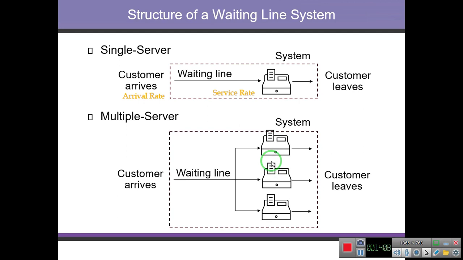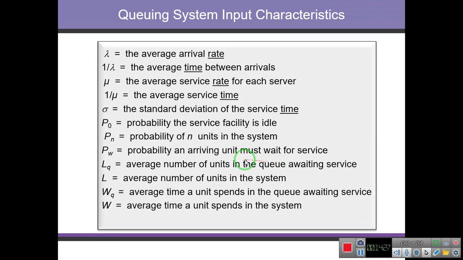We're not going to spend any time at all in this course on that. It gets very complicated. But in a multi-server system, you just have multiple people or machines serving that queue, that waiting line.